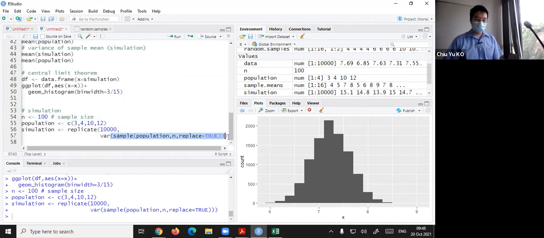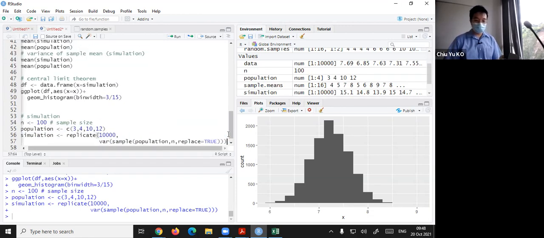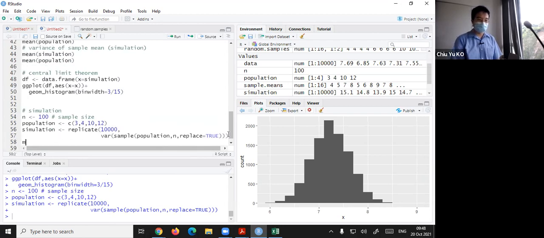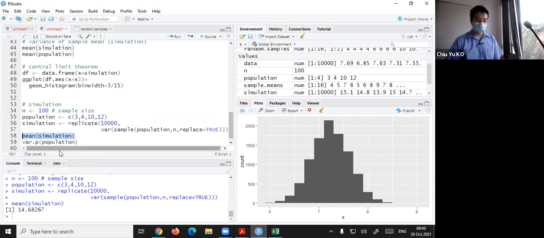And what I want is, so the mean of these sample variances should be the same as the population one. So the mean of this simulation should be the same as the variance.p of the population. Mean of this variance.